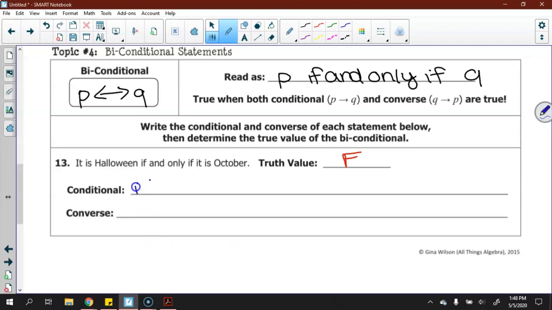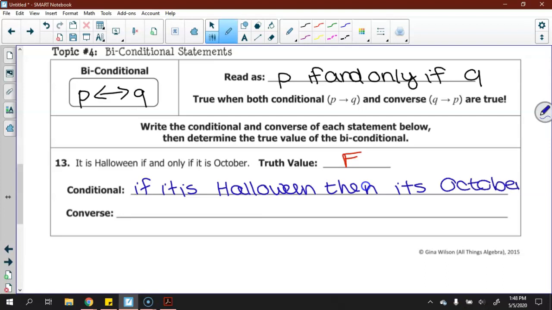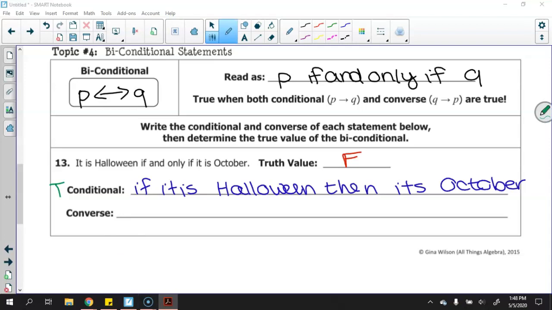All right, so if it is Halloween, then it's October, right? Now this one is true. The problem comes in with the converse. So the converse means I'm just going to flip the order of them.